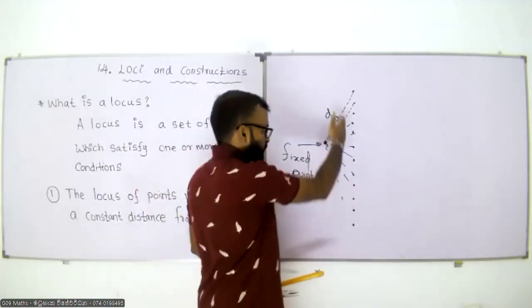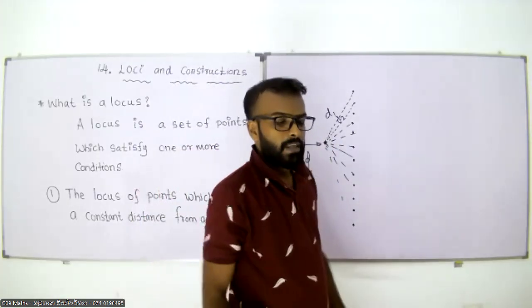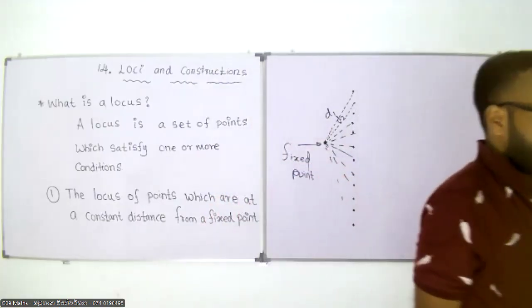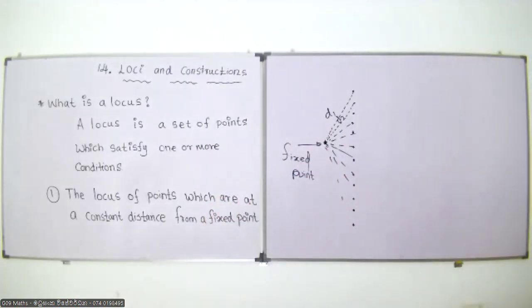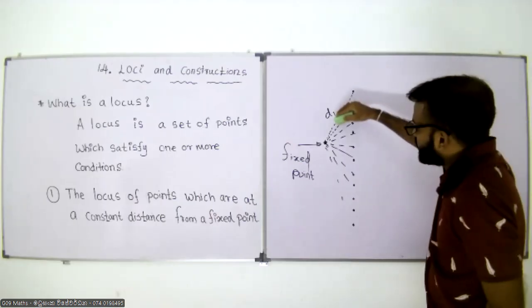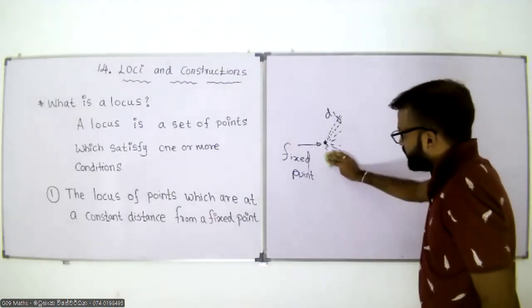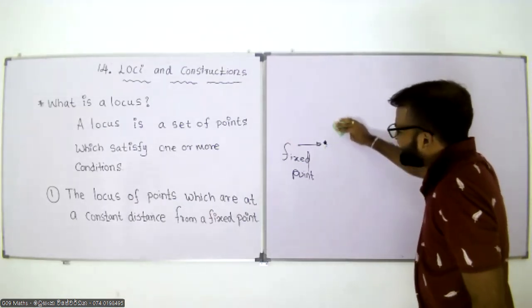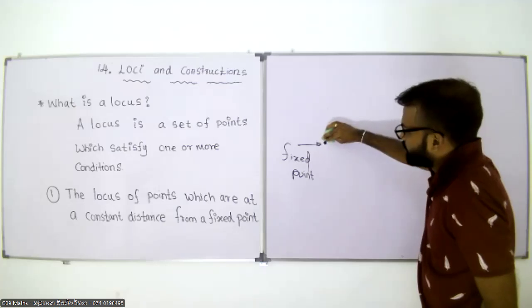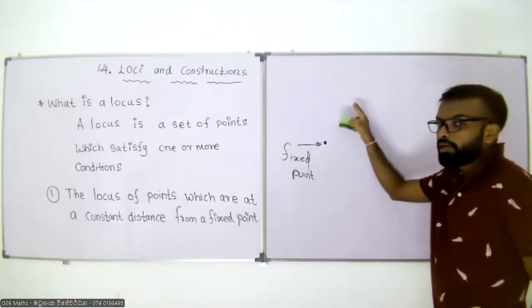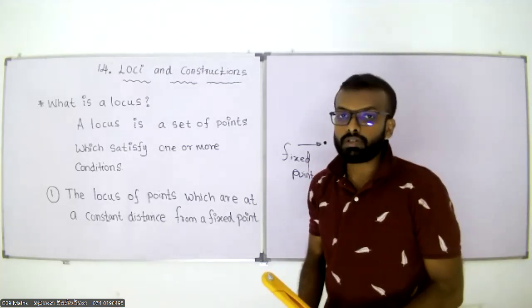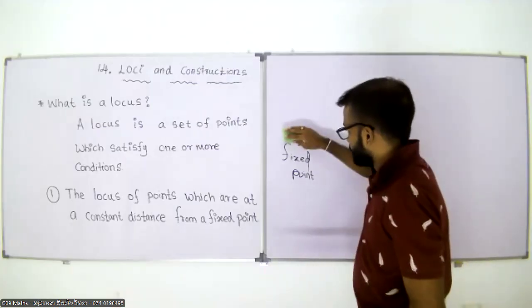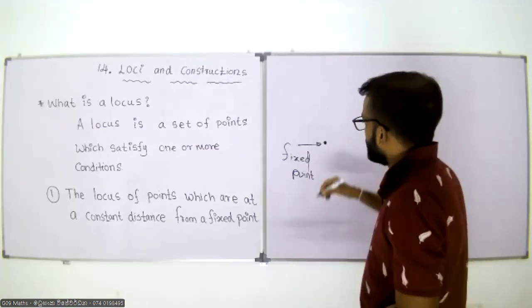So this is not the expected locus. This is totally wrong. We are saying each and every distance between the fixed point and the set of points should be equal.